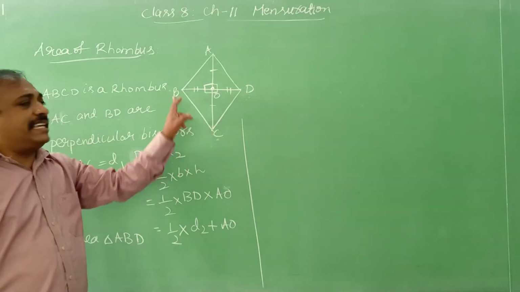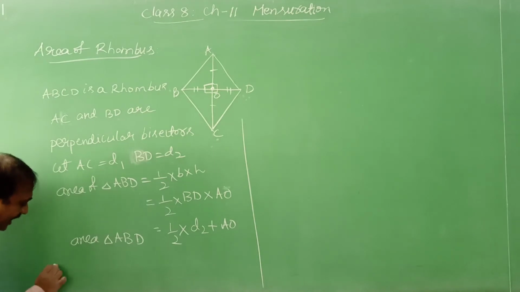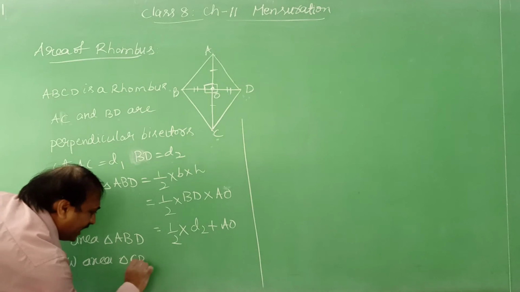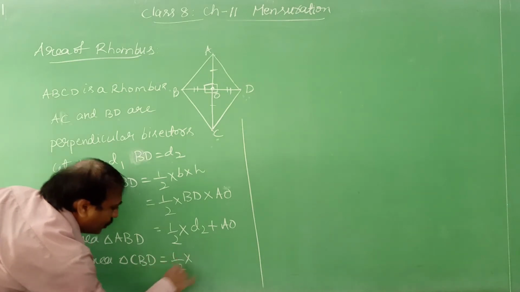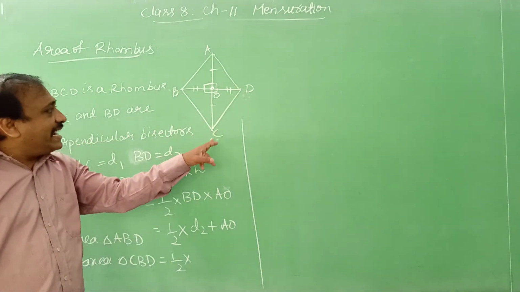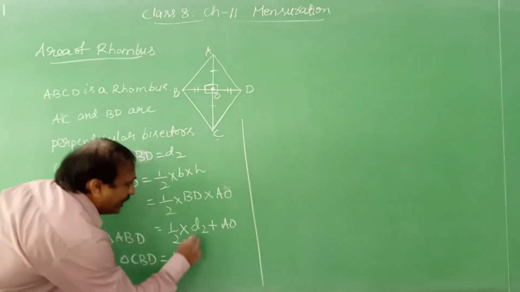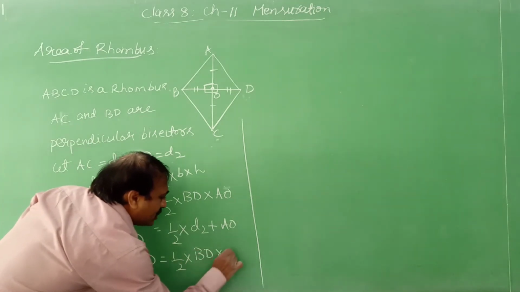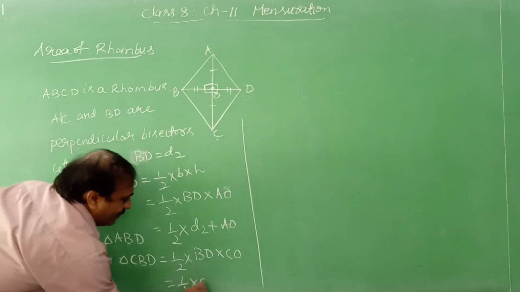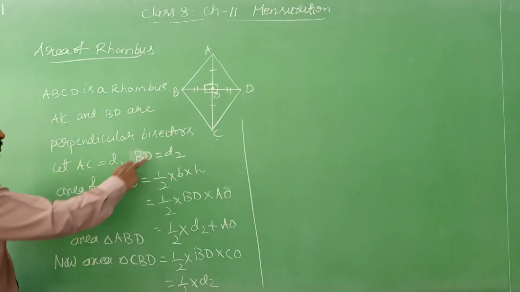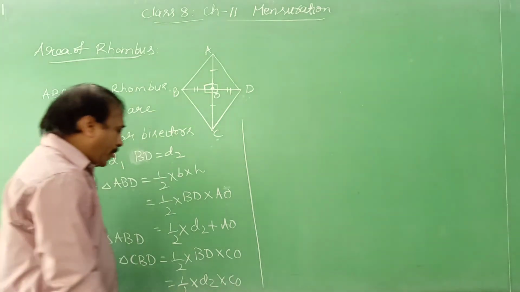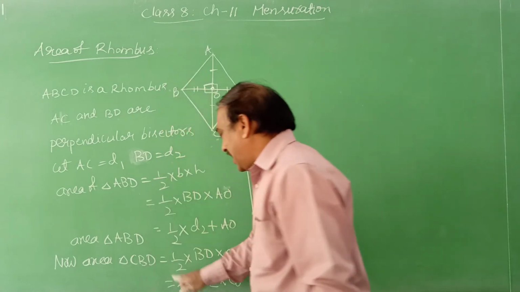The area of triangle CBD is equal to half into base into height. The base we are considering as BD only and its altitude is CO. So half into BD into CO, which is equal to half into D2 into CO. This is the area of triangle CBD.